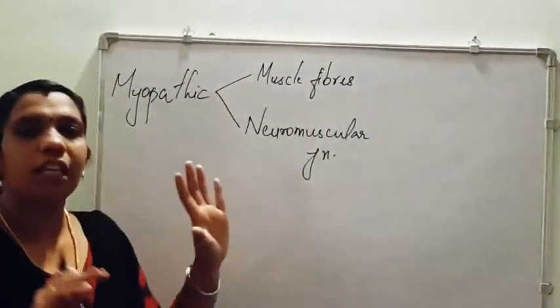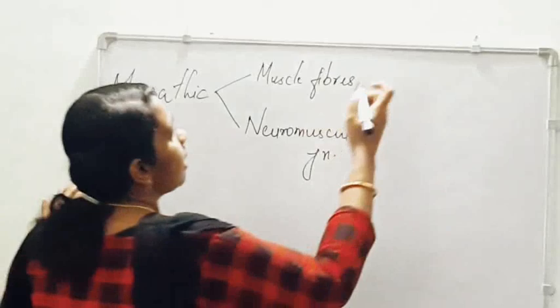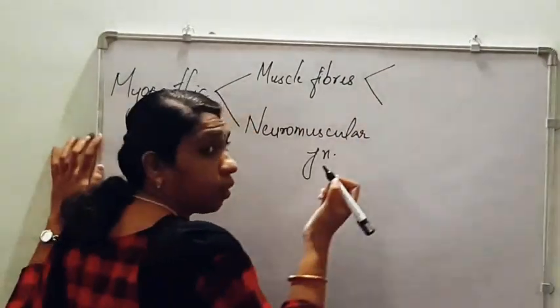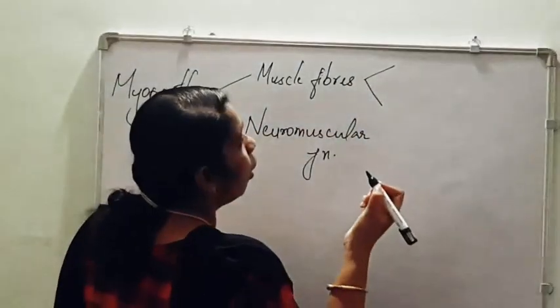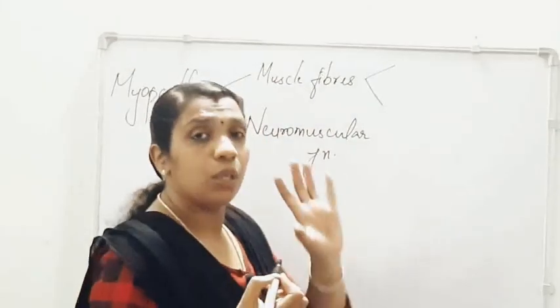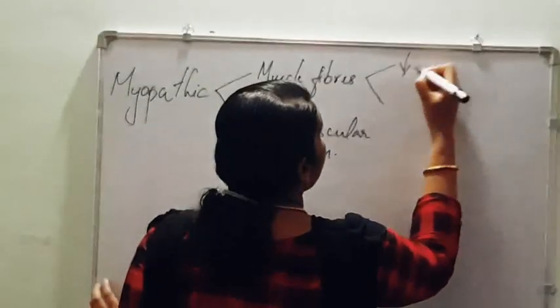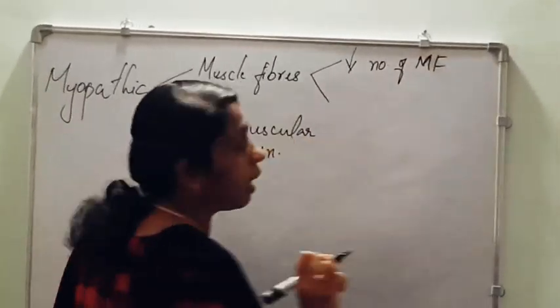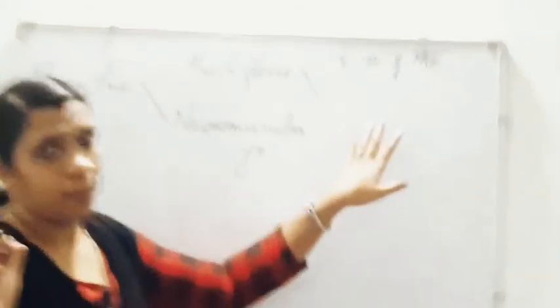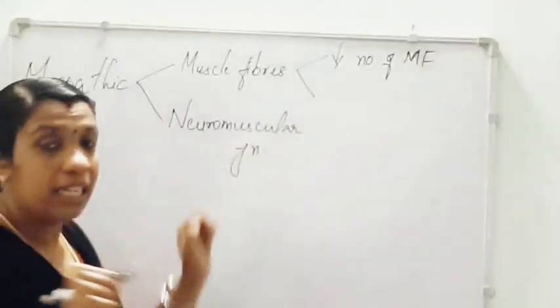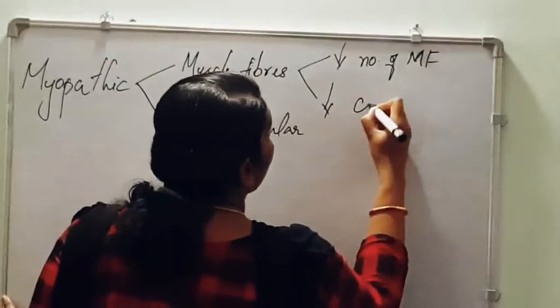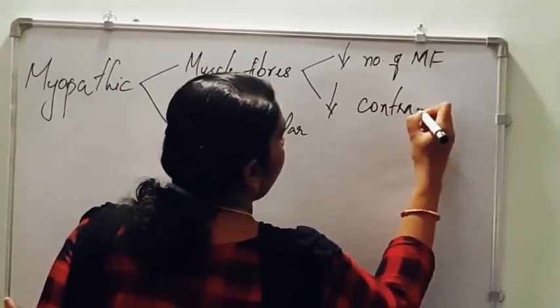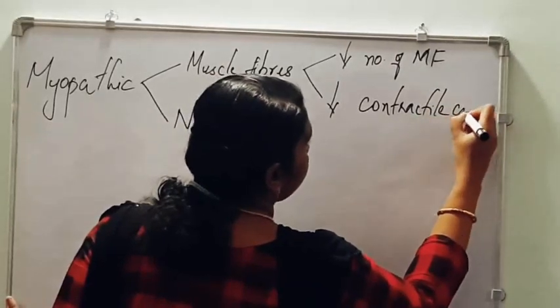And weakness due to muscle fibers is again divided into two. One is weakness due to reduction in number of muscle fibers, and second is reduction in contractile capacity of muscle fibers.